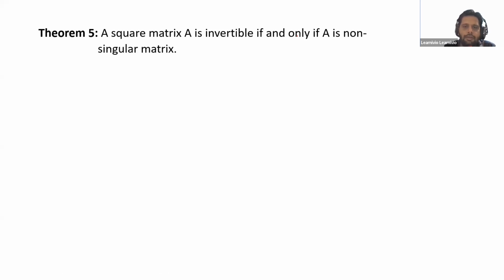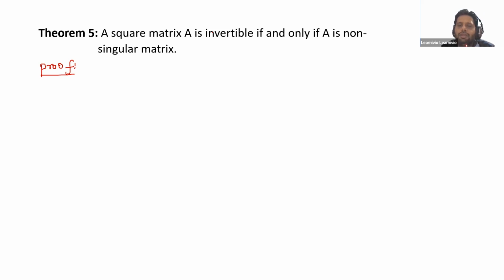Now the next property is: a square matrix A is invertible if and only if A is a non-singular matrix. Or we can also say that the inverse of a matrix exists only if it is a non-singular matrix.